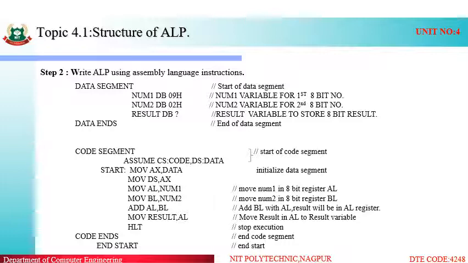So our addition is performed, and next we will stop the program. For stopping the program we use the instruction halt. Halt means stop. So HLT instruction. Next we have to end our code with the help of code ends assembler directive and end start. So this is how we have to perform the addition of two 8-bit numbers.